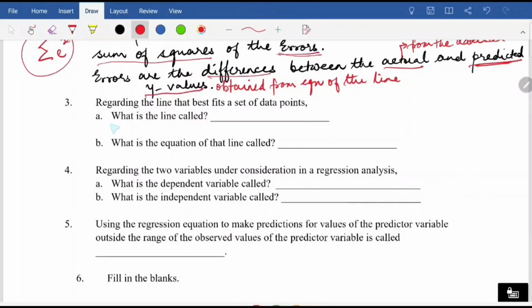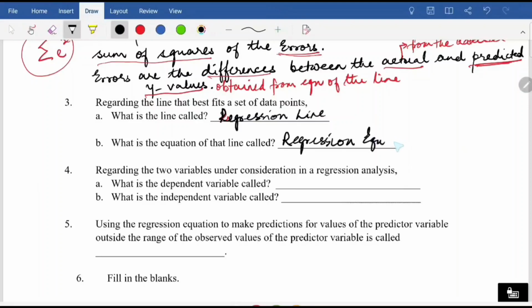For question 3, regarding the line that best fits a set of data points, what is the line called? It's called the regression line. Let's change the color. It's called a regression line. And what is the equation called? It's called a regression equation. So the word regression is important here.